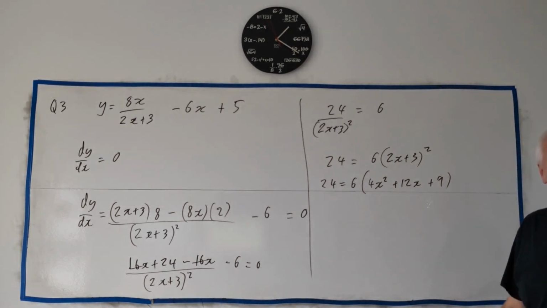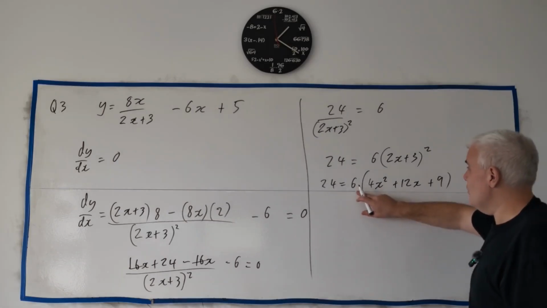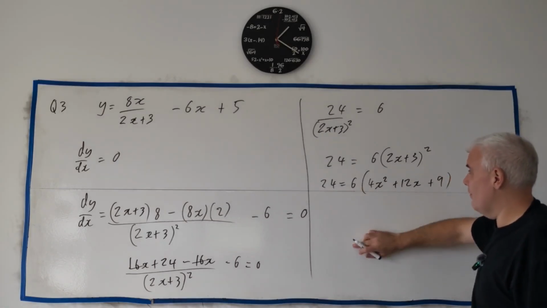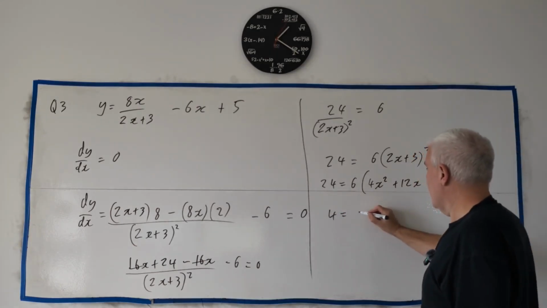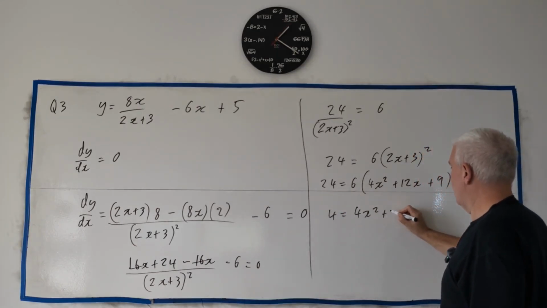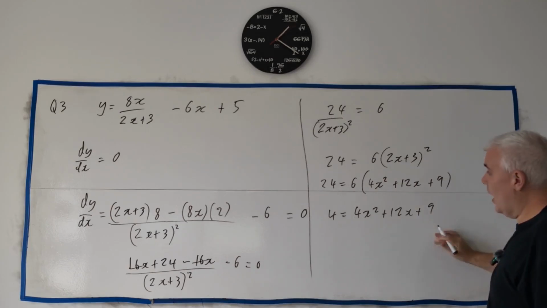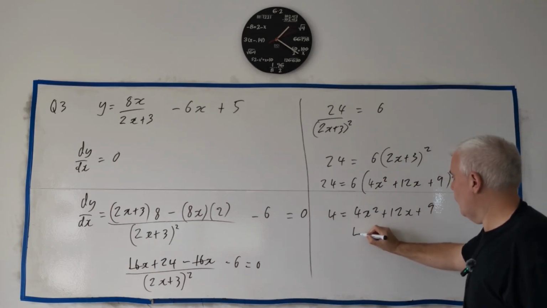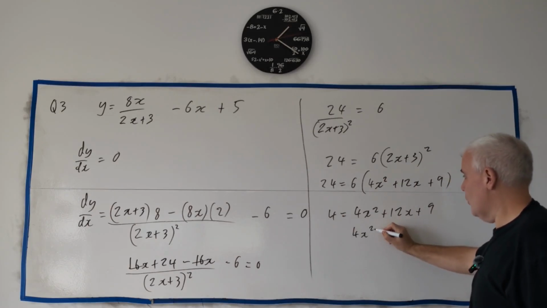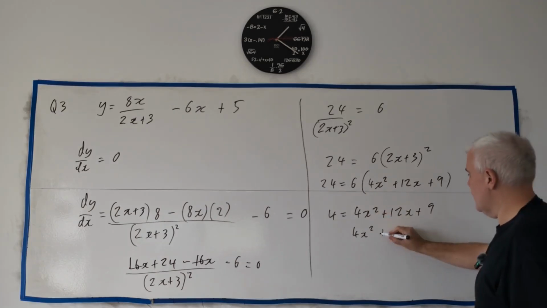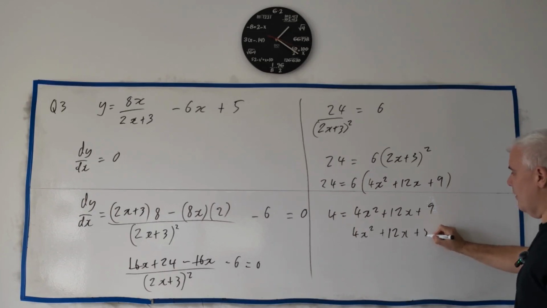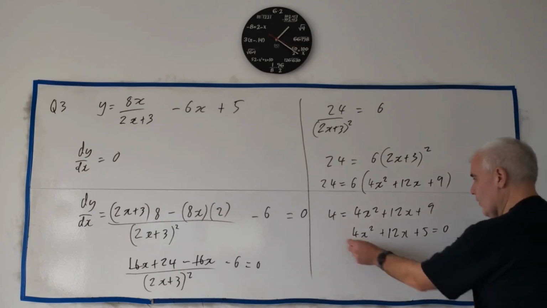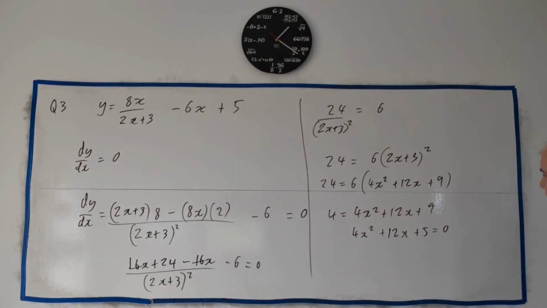You're going to end up dividing by 6 again in a moment, though. Just divide by 6 now. Both sides divided by 6. This becomes 4 equals 4x squared plus 12x plus 9. If we move the 4 over, or take 4 from both sides, we get 9 minus 4 is 5. That's a quadratic, equals 0. I've moved the 0 as well. I hope you don't mind.